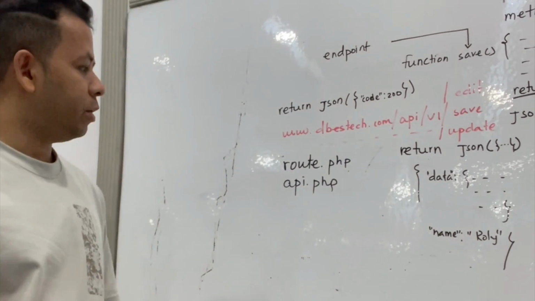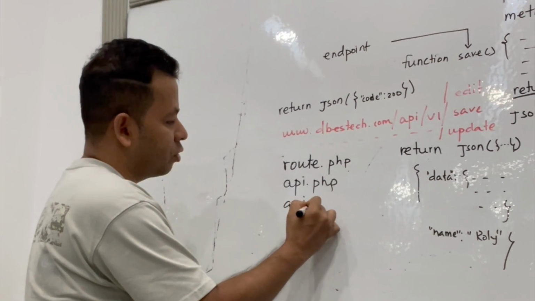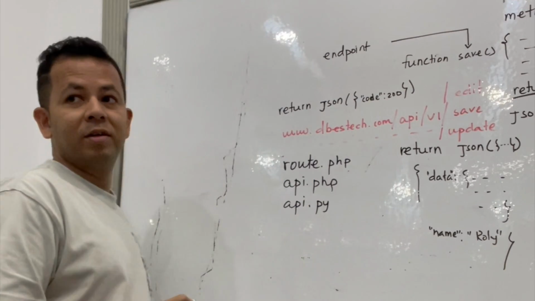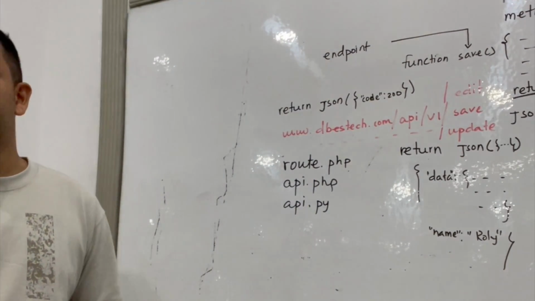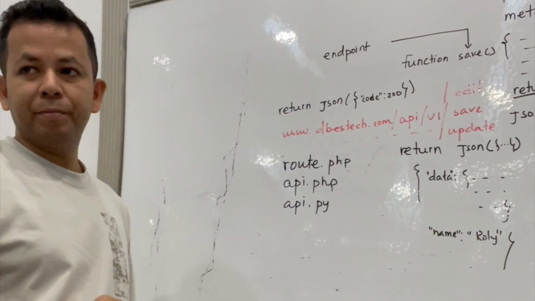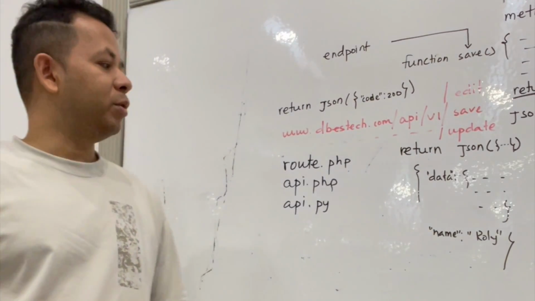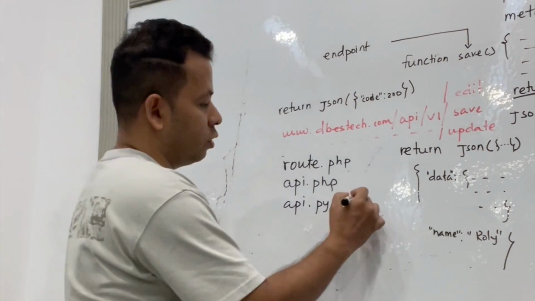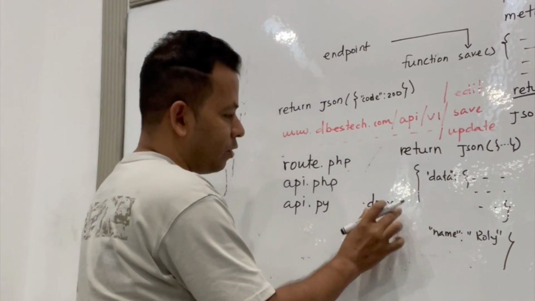If you use Python, they might have API.py. Python is the language. So this refers to a file name. Do you know what a file is? For example, most of us use Microsoft .docx files, right?